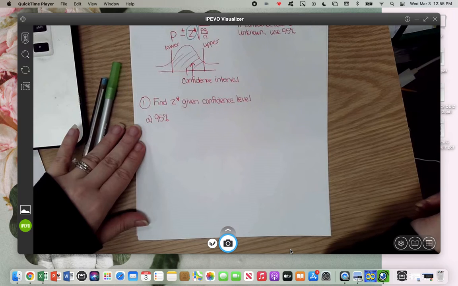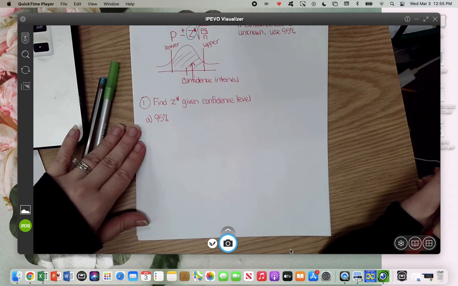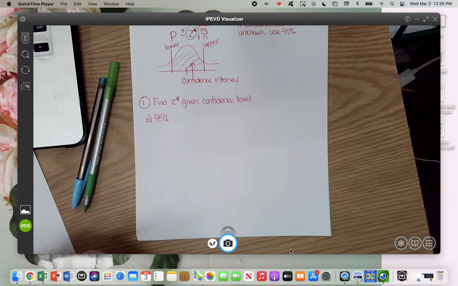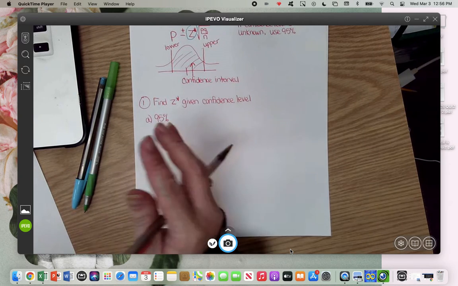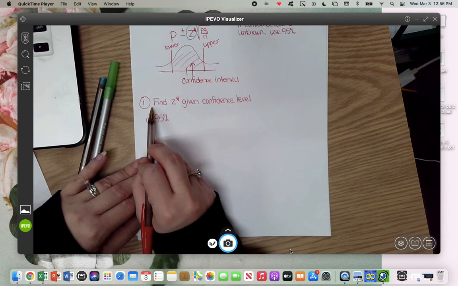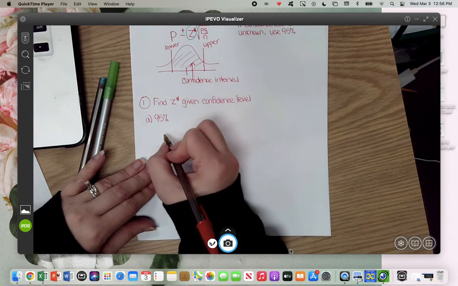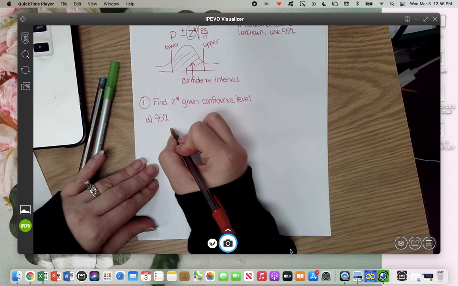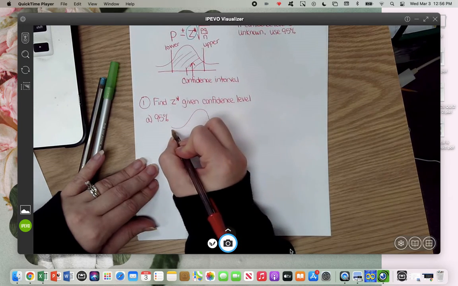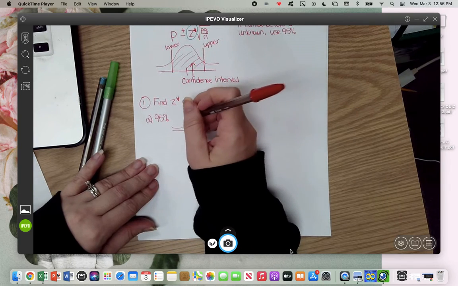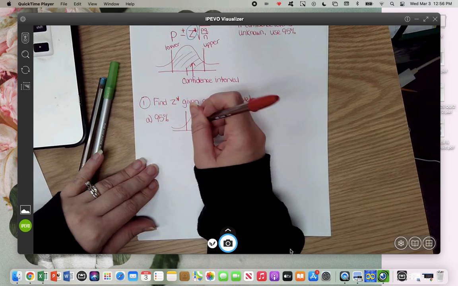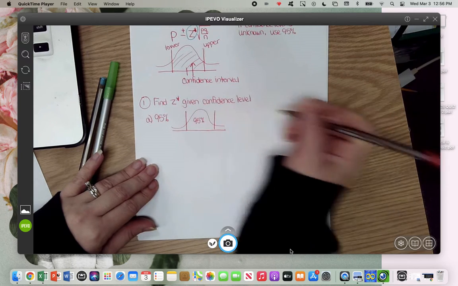confidence level. So what we are trying to find out here, and I want you to know it's not as simple as the chart, like finding 95 and getting an answer. We have to do a little bit of work. So if I want a 95% confidence interval on my table, I want the range of these numbers to be 95% of the data.